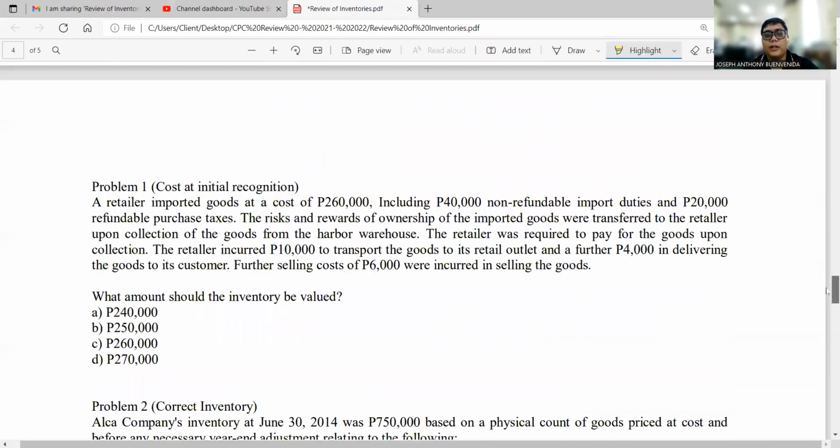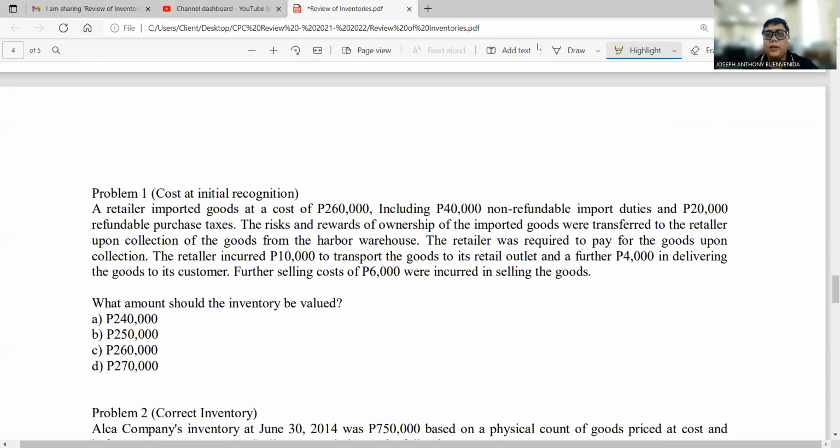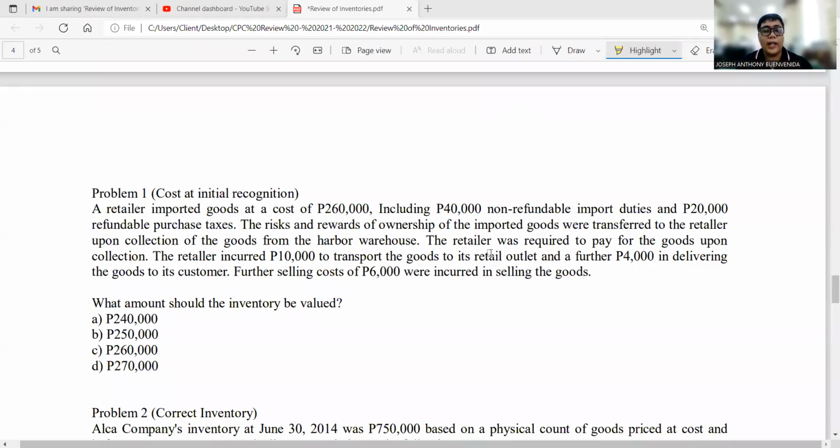Okay, so problems. Problem number 1. What amount should the inventory be valued at? A retailer of imported goods paid a cost of 260,000, including 40,000 non-refundable import duties and 20,000 refundable purchase taxes.